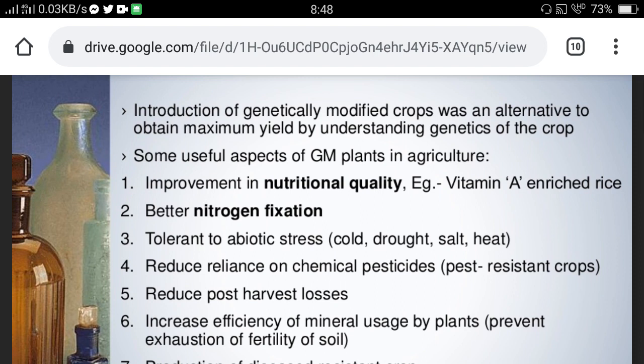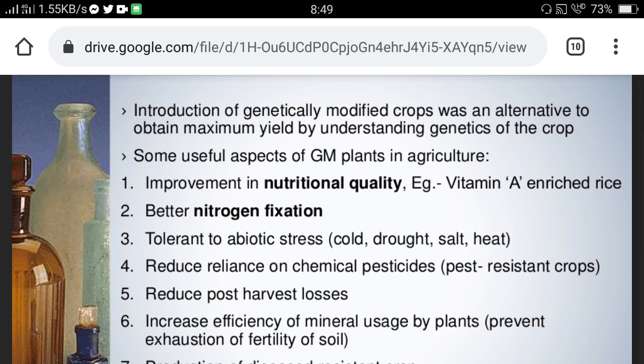Some useful aspects of genetically modified plants in agriculture. For example, improvement in nutritional quality, like vitamin A enriched rice, that is golden rice. Better nitrogen fixation. Tolerance to abiotic stress like cold, drought, salt, heat. Reduce reliance on chemical pesticides. By developing pest resistant crops, we can minimize the use of chemicals like pesticides which are used in agriculture.